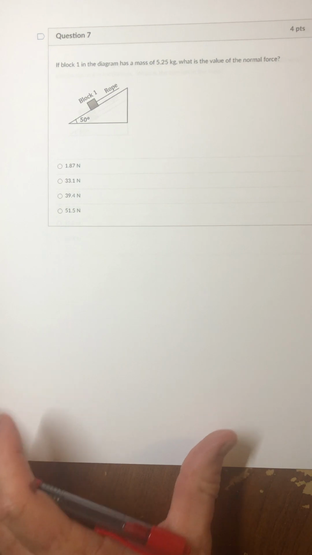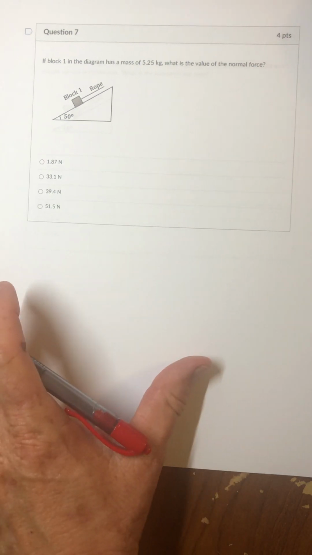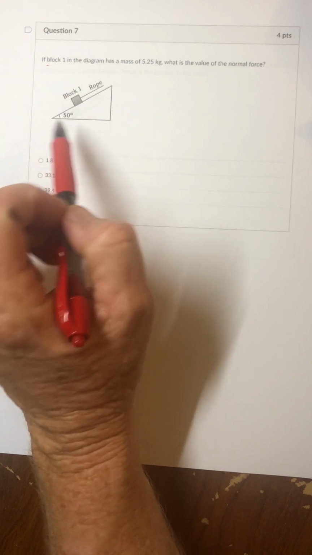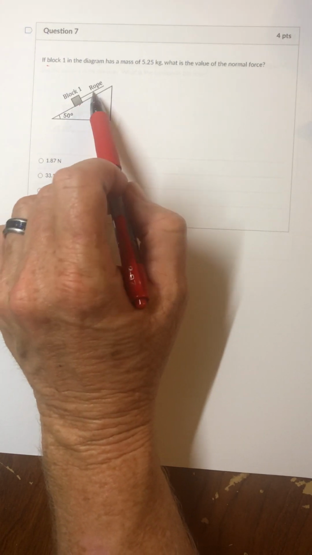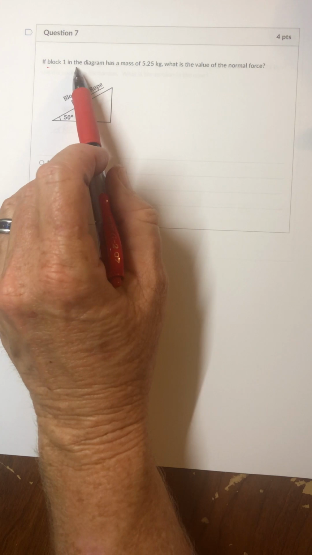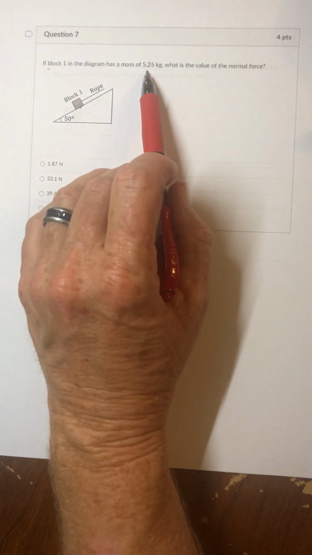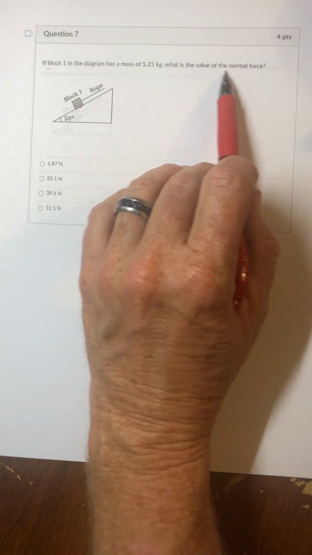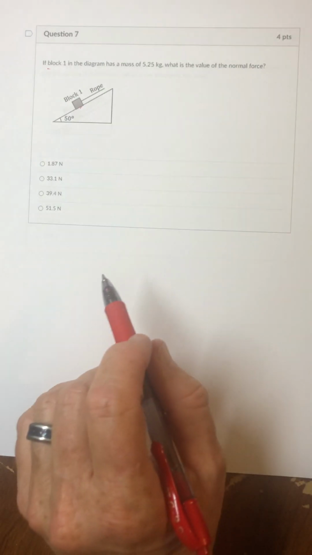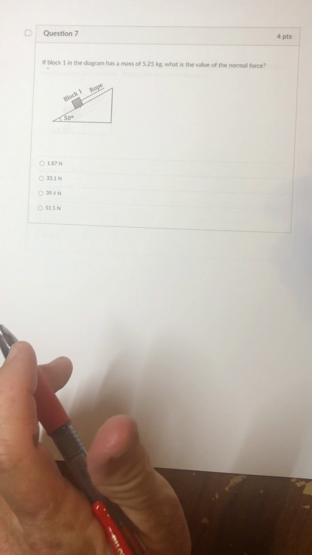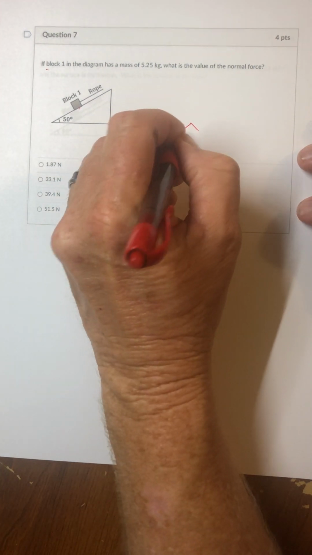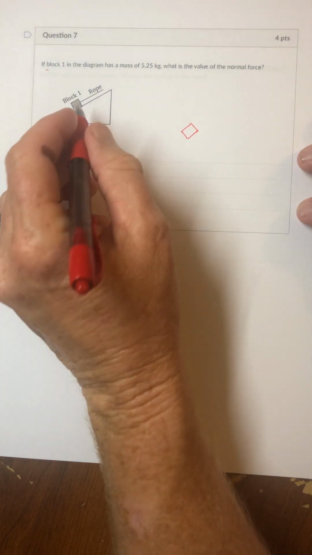All right, on to number 7 here. It says, if block 1, here's the block on this rope in the diagram, has a mass of 2.25 kilograms, what is the value of the normal force? So here's where that free body diagram comes into play.